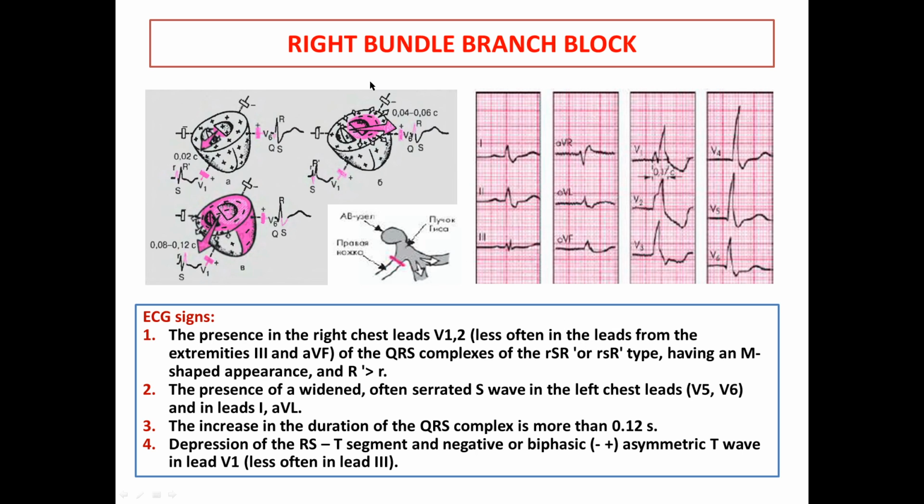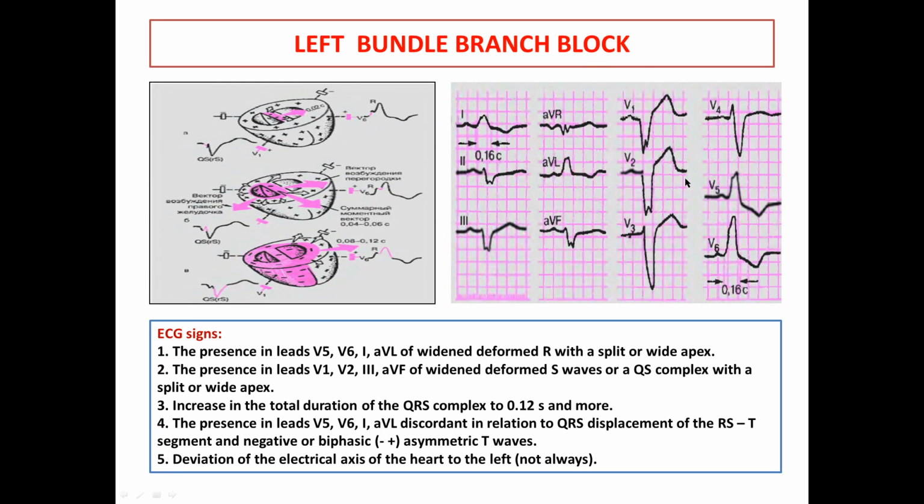And because of right bundle branch blockage, impulse couldn't pass through this right bundle branch, and we have excitation of right ventricle occur by left side, by generating of impulses from left side. That's why we have elongation of QRS complex, because excitation of right side takes time.